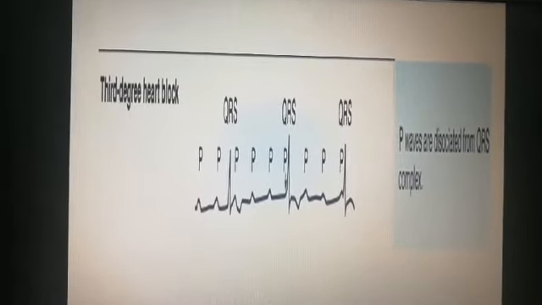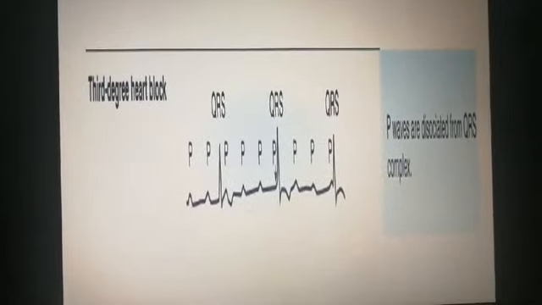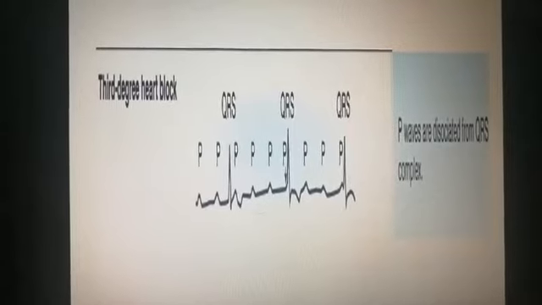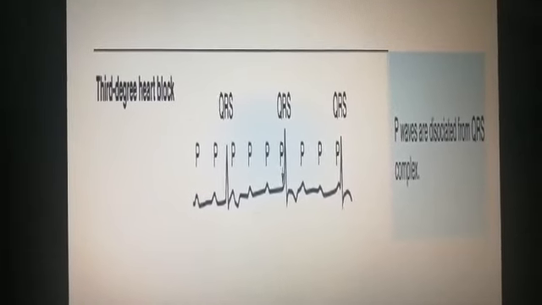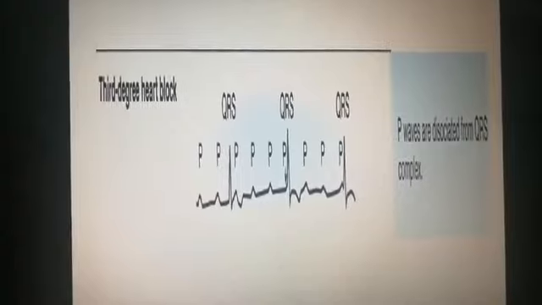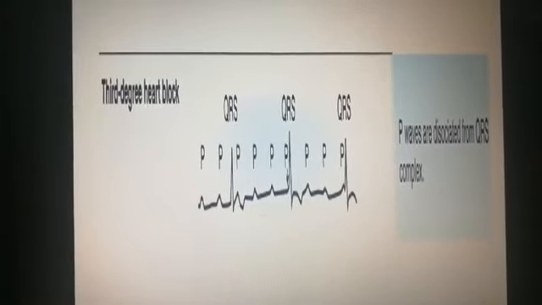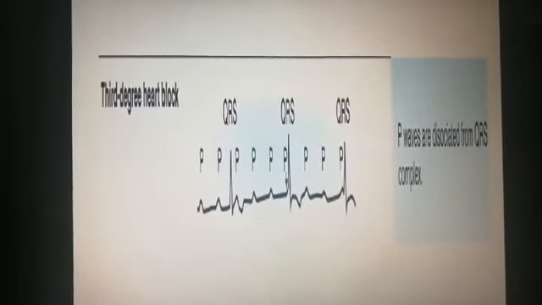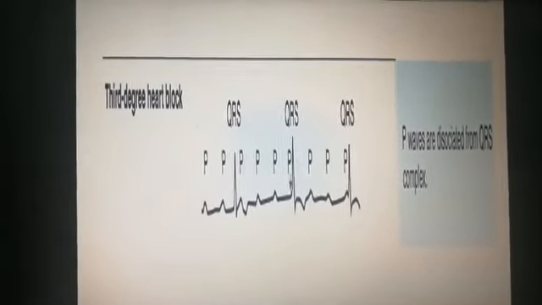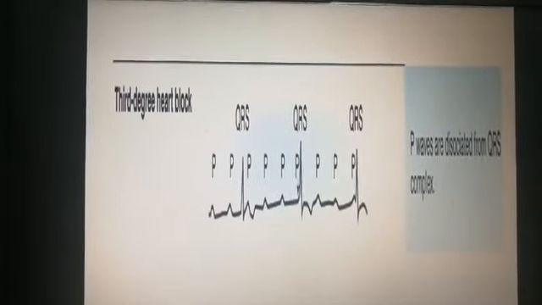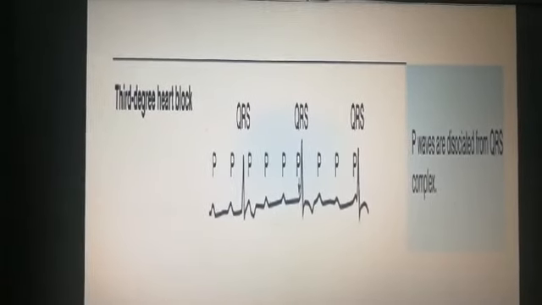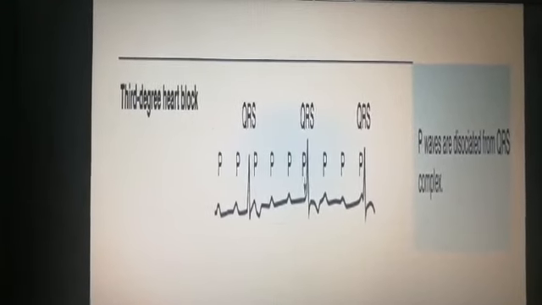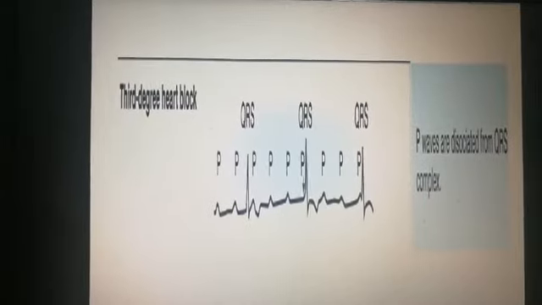Okay, so in the 3 lectures on cardiac arrhythmias up to now, we have firstly discussed the sinus rhythm, tachycardia, bradycardia, and in the second lecture we discussed sinoatrial block and incomplete AV block, and in the third lecture of cardiac arrhythmia, we discussed third degree heart block and Stokes-Adams syndrome.